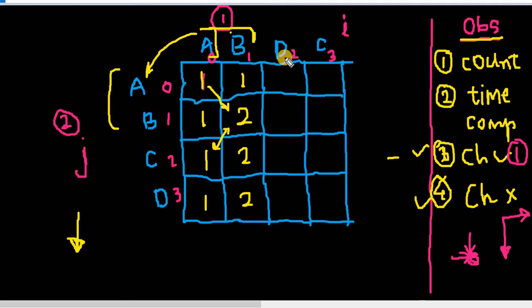Okay, we'll move on and we'll check A, B, D with the whole string A, B, C, D. So we'll start, A and D will be compared. It does not match, so we'll inherit the value from the side or top. In this case, top does not exist. So in the general dynamic programming solution, you can take the i=0 row or j=0 column and fill all of it with 0.